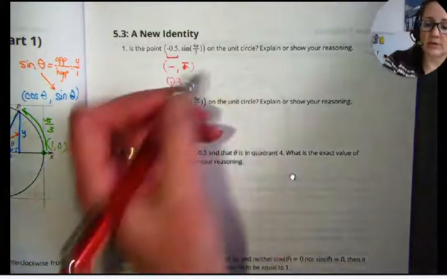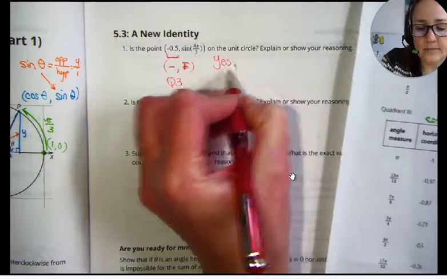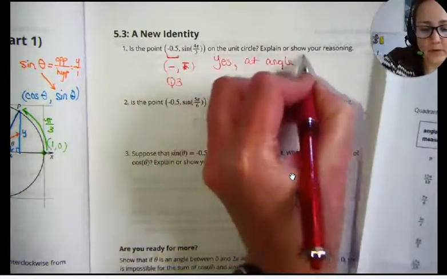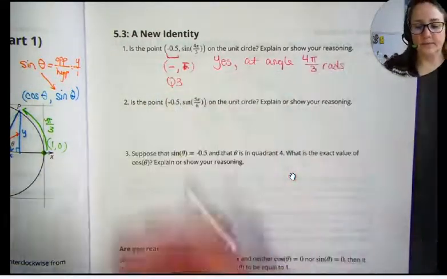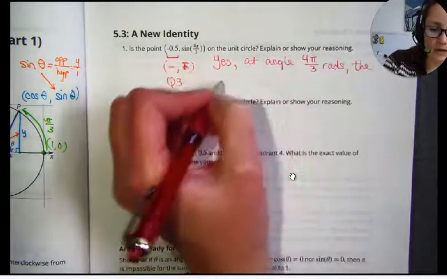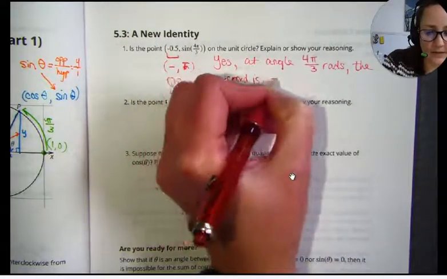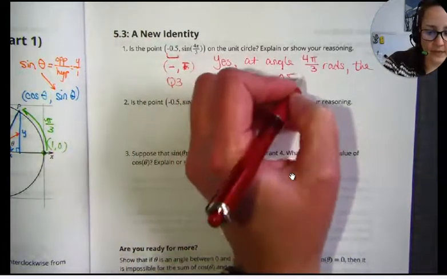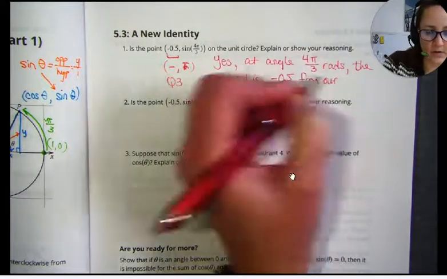So, is the point negative 0.5, sine of 4 pi over 3 on the unit circle? The way we could explain our reasoning is we could say, yes, at angle 4 pi over 3 radians, the x coordinate is negative 0.5 from our coordinate chart.